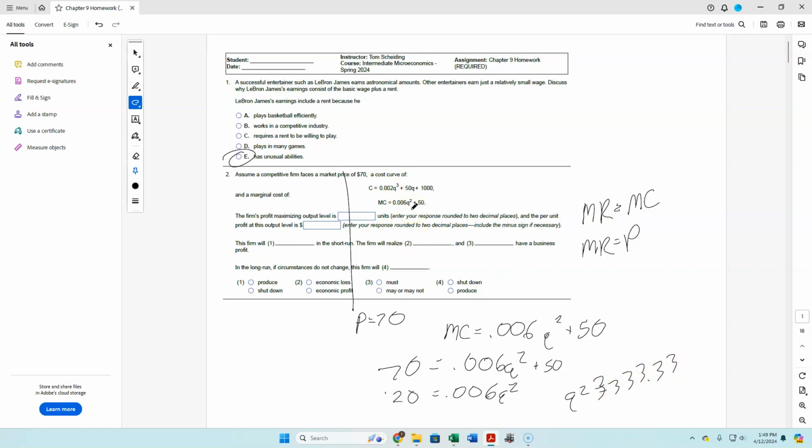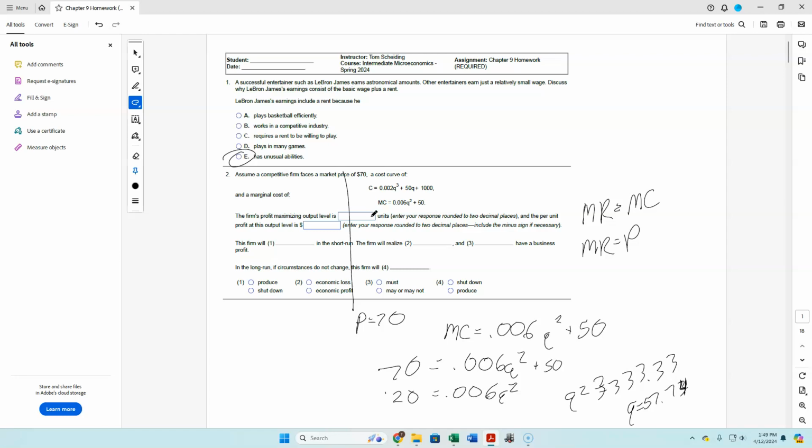And then the square root of that is 57.73, so to 2 decimal places, 57.74 once we round.